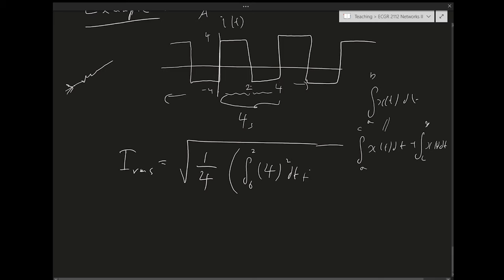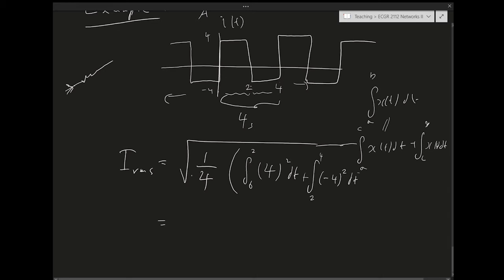And then I integrate from 2 to 4, where the value of the function is -4. So I take -4 and I square it, dt. Luckily, in this case, the squaring is going to get rid of the minus sign.